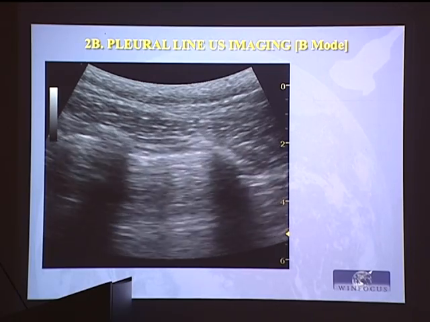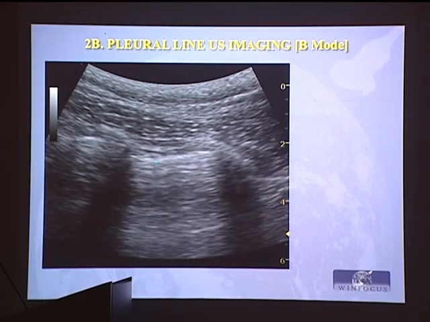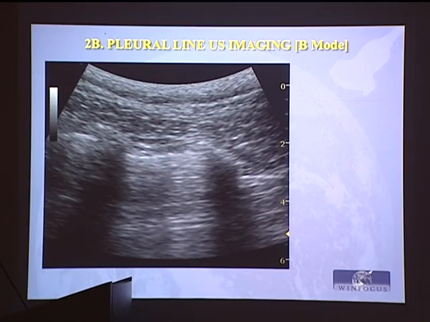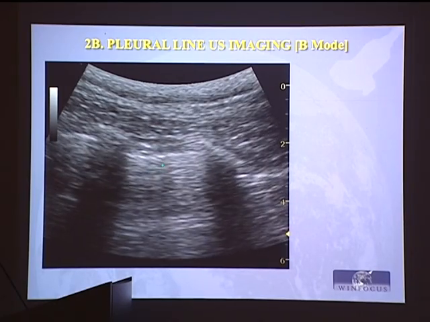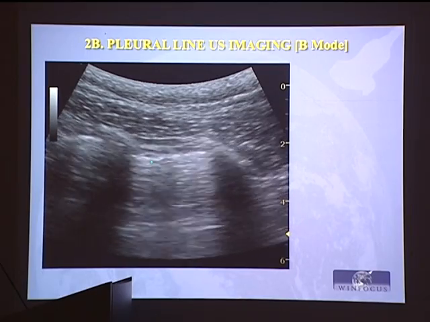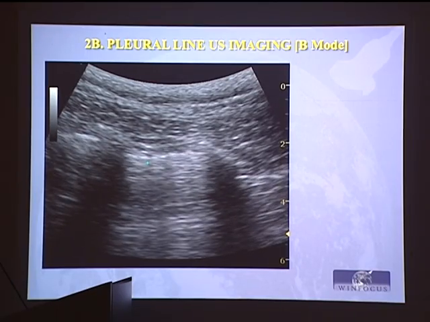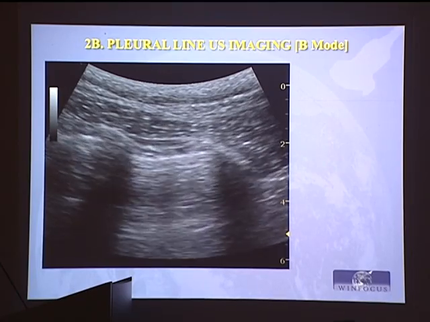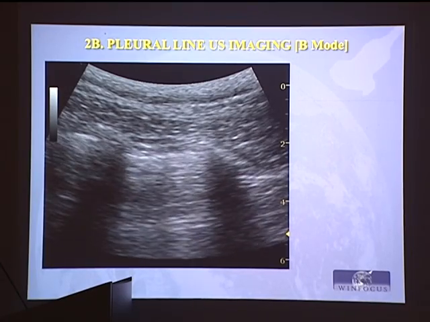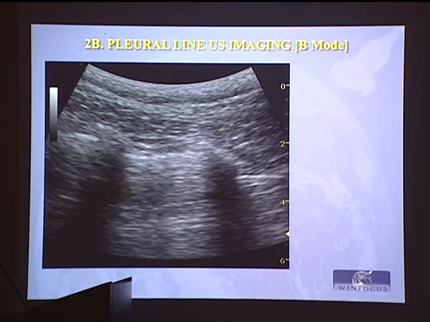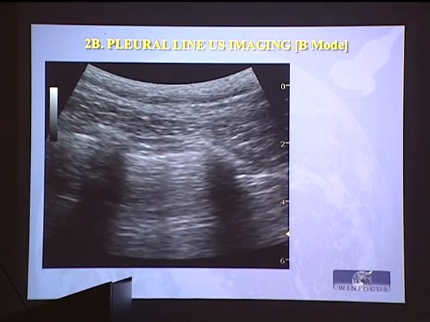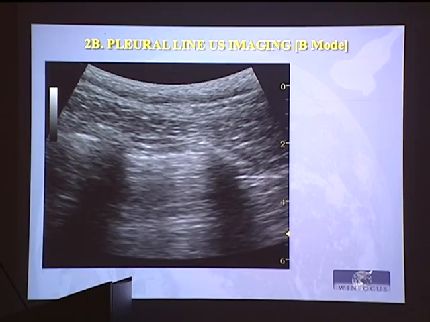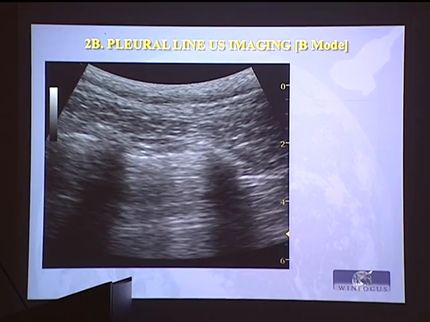What happens when there is no lung sliding? Here you see the pleural line has not a clear lung sliding, but there is just a lung pulsation. You see? Tick, tick, tick, tick. So no lung sliding plus pulsation of the lung is described as lung pulse. Sonographic description, lung pulse. What is the physiopathological meaning of the lung pulse?